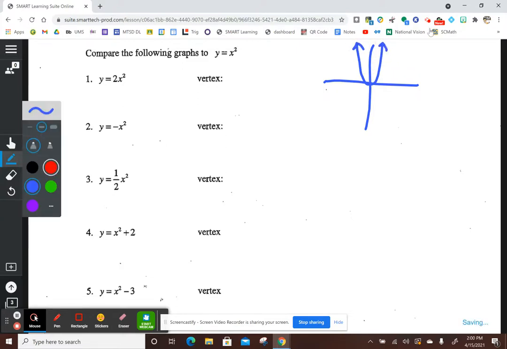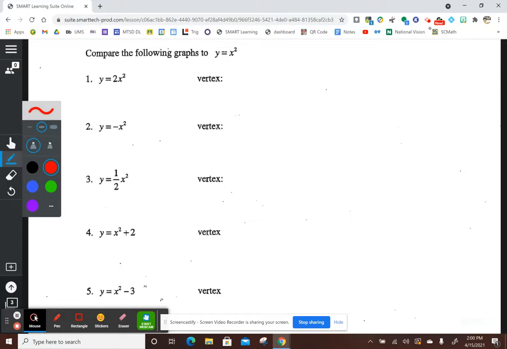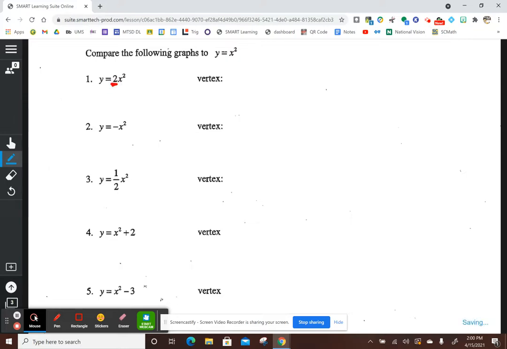But when we did the parent function was a little more like this. So when you move in like that, we would say that the blue parabola is stretching. So what made the blue parabola become more narrow or stretch? And the answer is the 2.